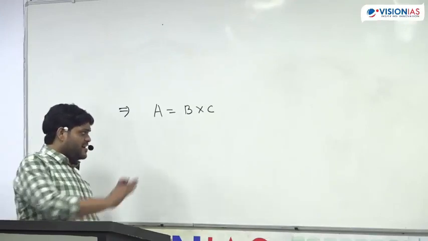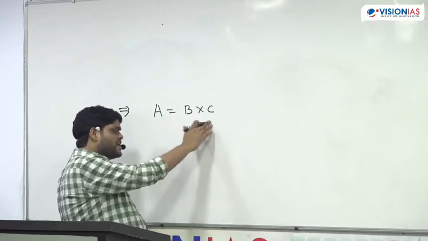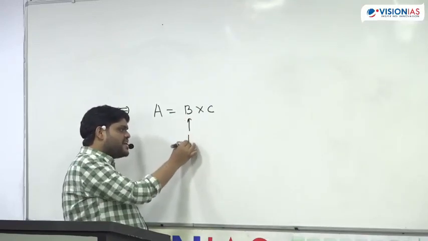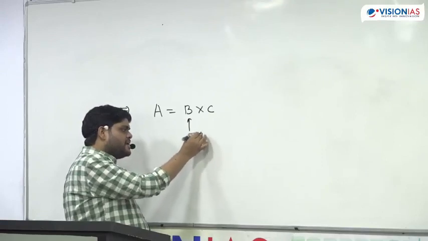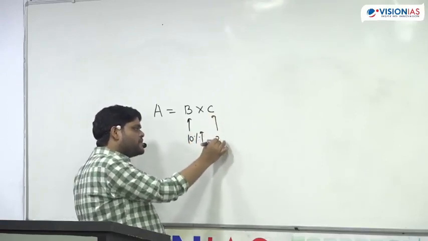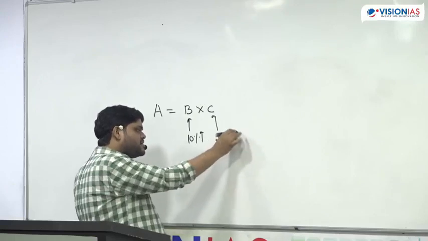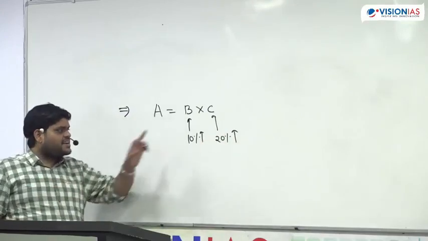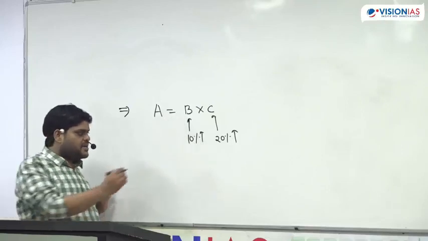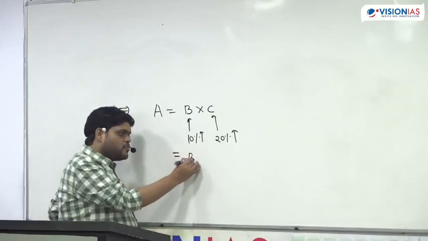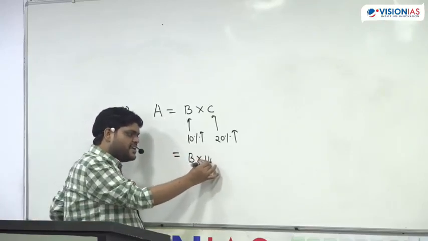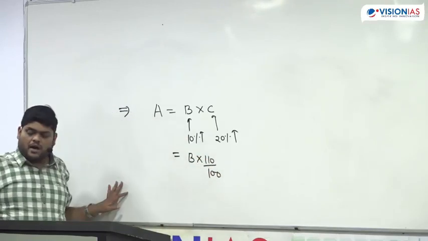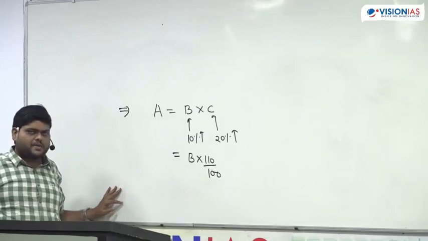Okay, here A is equal to B into C. Suppose there is a 10% increment in B and 20% increment in C. So what is the meaning of this? When 10% is increased in B, B becomes 110%.